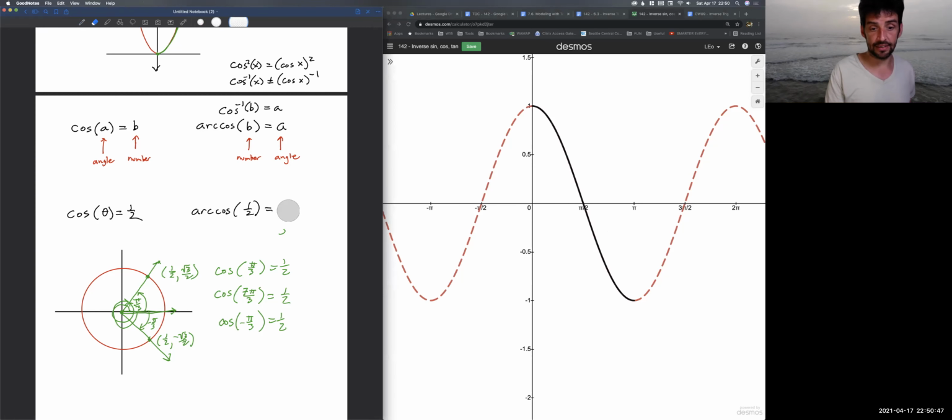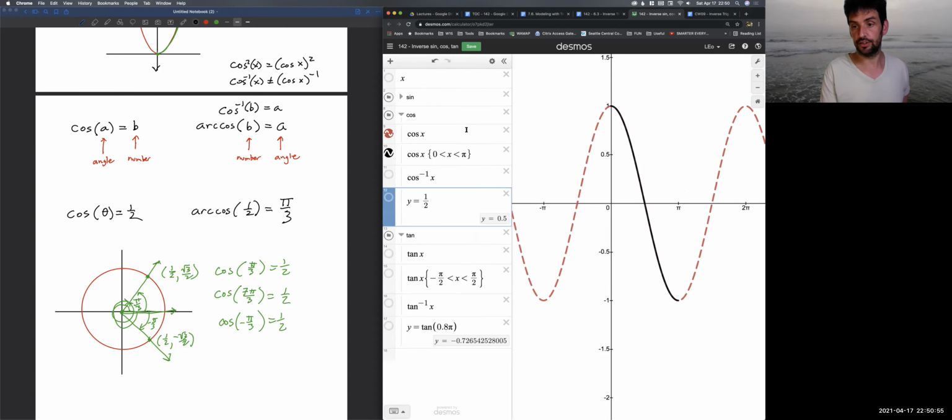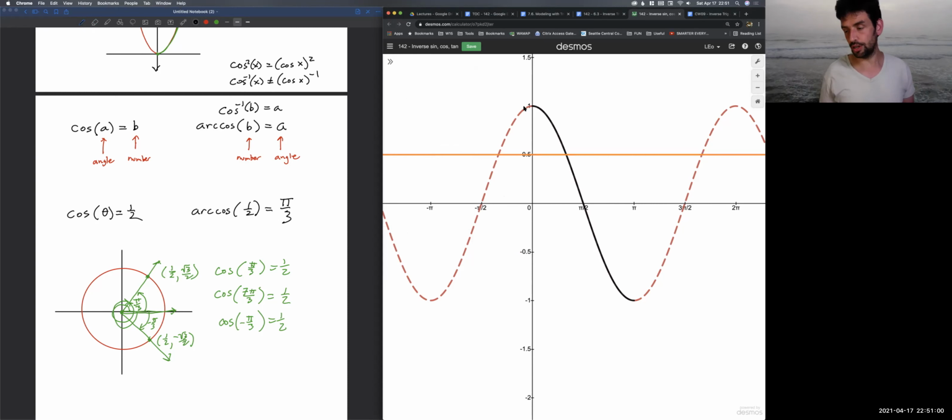And in this case, that's pi/3. And there's only one here. If you look at where this line intersects, there's only one intersection point in the section of the graph that I have in black. And so in that section, there's no ambiguity. The inverse cosine knows exactly which one to choose.